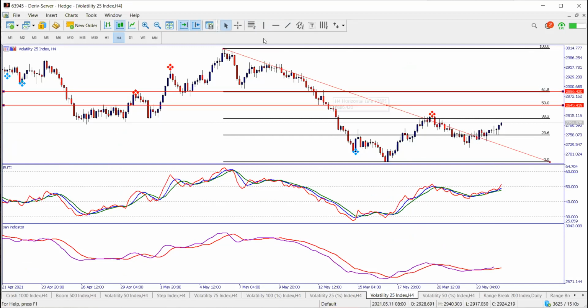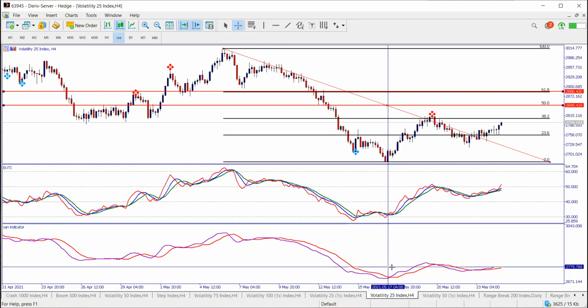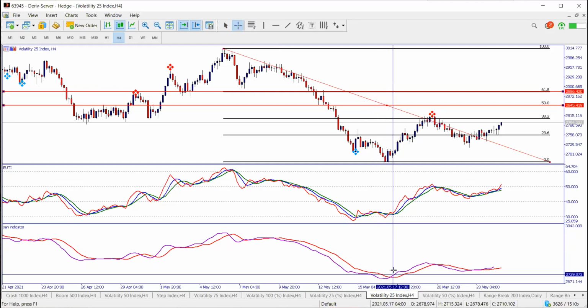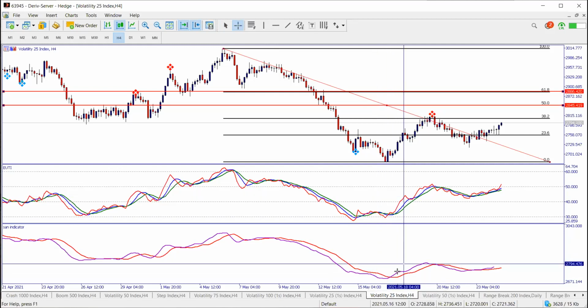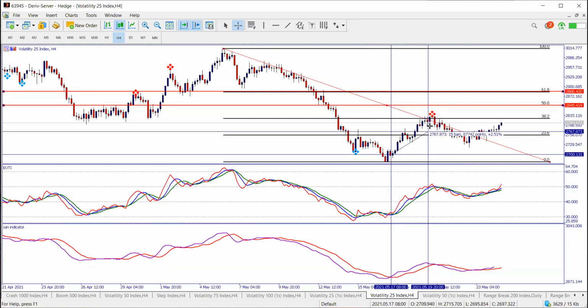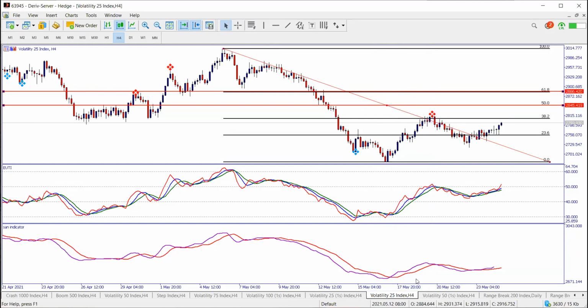So whenever I send a signal and I say wait for crossover, I'll be referring to this one. This is the crossover. When this line crosses this one, that is the crossover. And you see, whenever there's a crossover, there's a confirmation of a trend. So that's what I mean when I say wait for crossover.